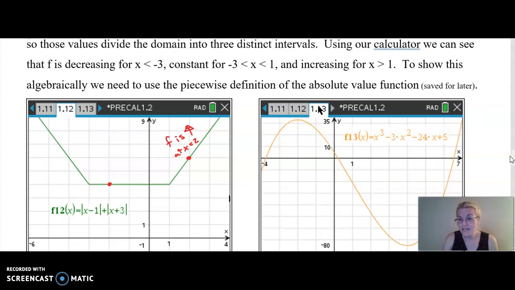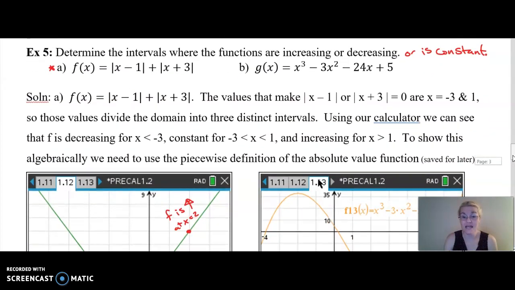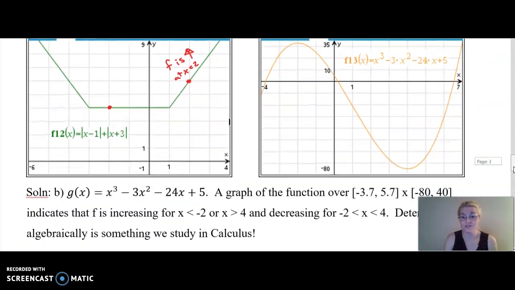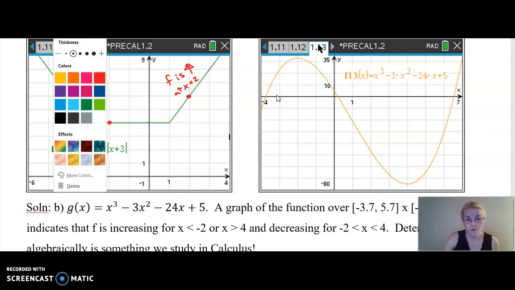As far as part B, that cubic, again, graph it. Here's the graph that we can see right here. A graph over these intervals lets you see that f is increasing below -2. So right here at -2, that's a local maximum.